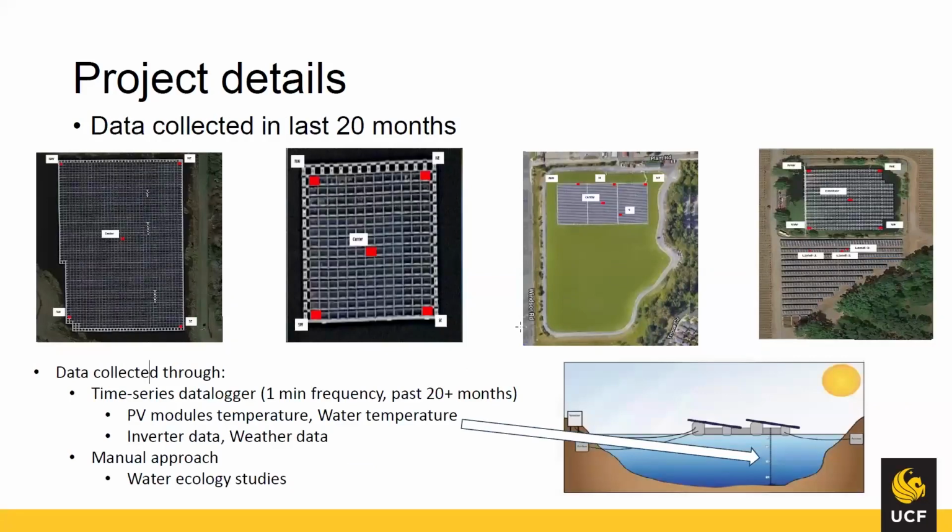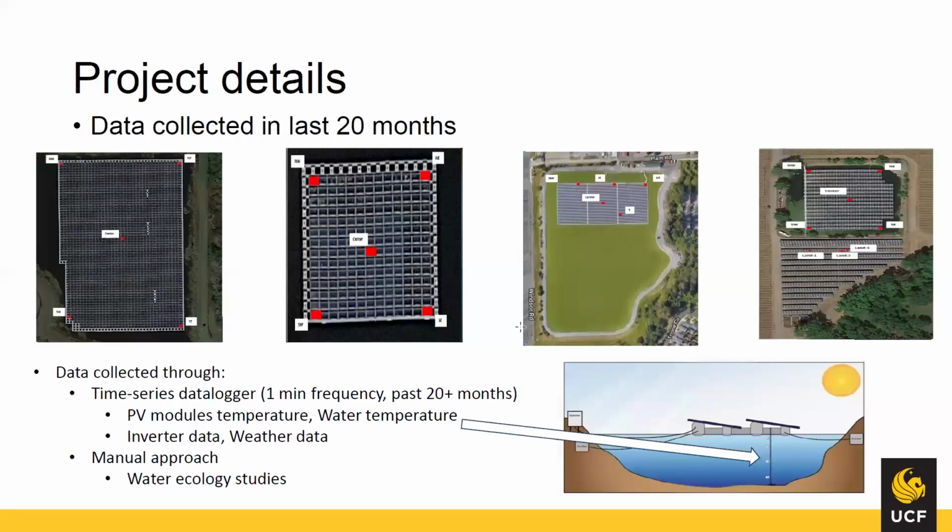Okay, so we have been collecting the data for the past 20 months. Because the project is 3 years, it takes time even getting onto the site, getting access to the system, and installing our data logger and temperature sensors. We collected 2 kinds of data from the sites. One is the time series data.